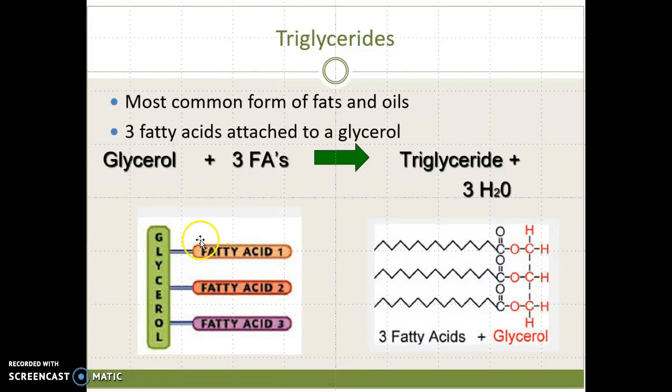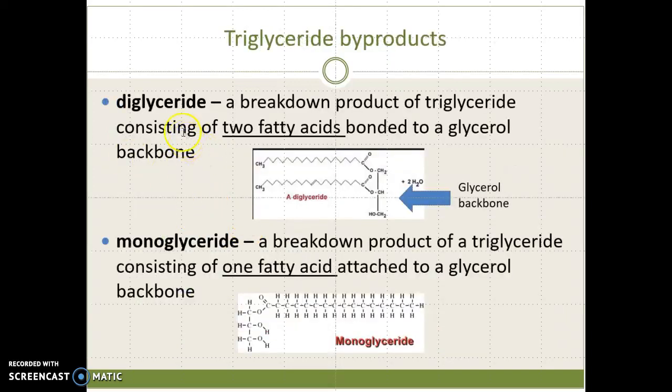So as your body breaks down triglycerides, they become diglycerides and monoglycerides, depending how far along they are. So here is a diglyceride with just 2 fatty acid chains on the glycerol backbone, or one fatty acid chain on the glycerol backbone, a mono.